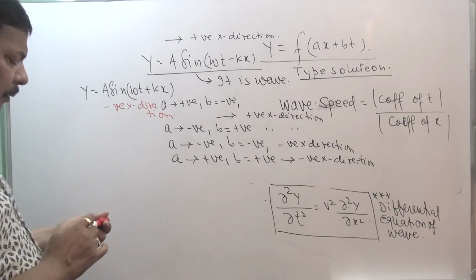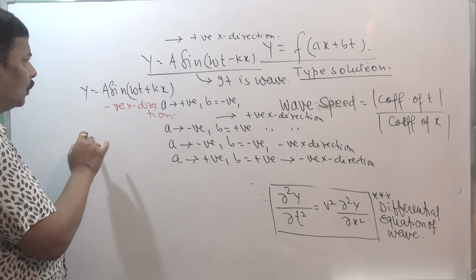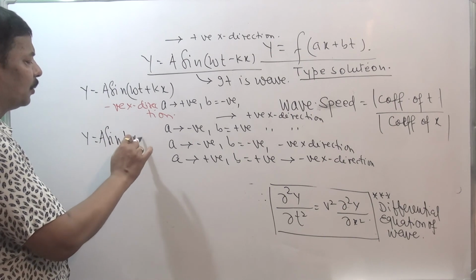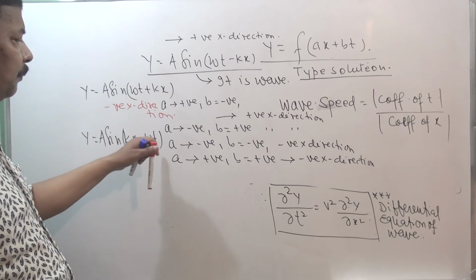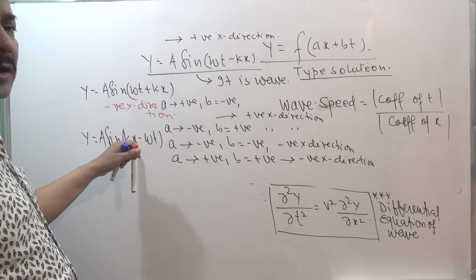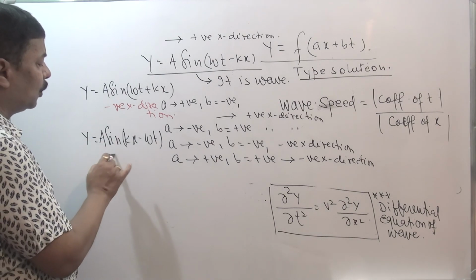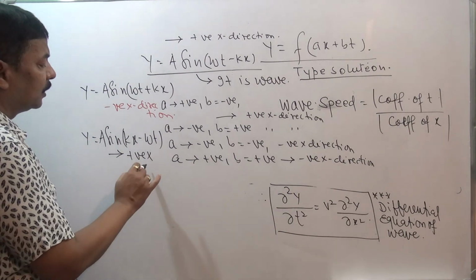If we take y is equals to a sine kx minus omega t, you might have understood that the coefficient of t and coefficient of x are of opposite sign, so it will give you the positive x direction.